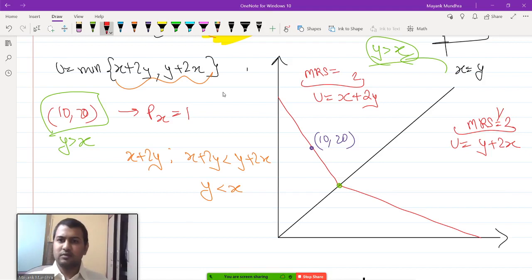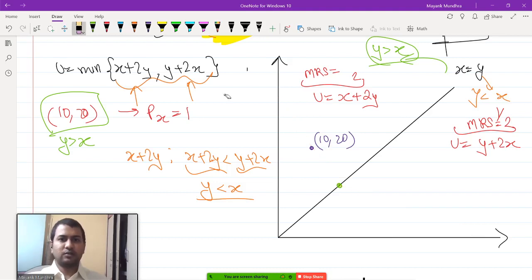How did I do this wrong? X plus 2y is reported whenever x plus 2y is less than y plus 2x. So whenever y is less than x, and y less than x happens in this region. Okay, sorry. So MRS should be half here and 2 here.